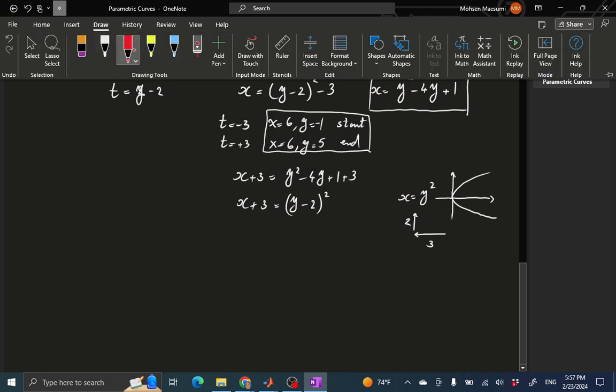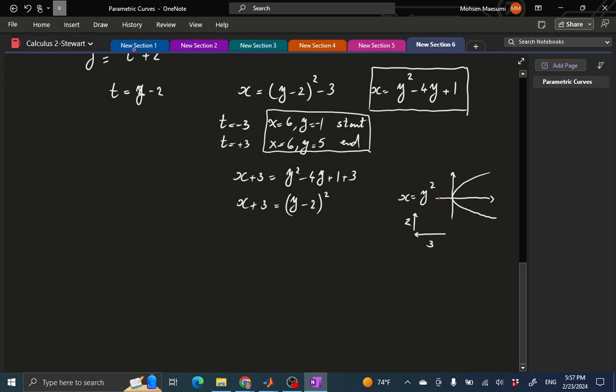So new picture, 3 to the left, perhaps something like this, and 2 up, perhaps something like this. So this is going to be the tip of the parabola, and then we are going to have one point up and down here, and kind of like this.